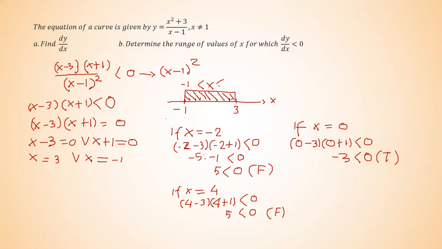Greater than negative 1, less than 3. Okay, so the range, or the symbol I'm going to write in here, range equal the range of this statement: x greater than negative 1, less than 3, which x is an element of real.